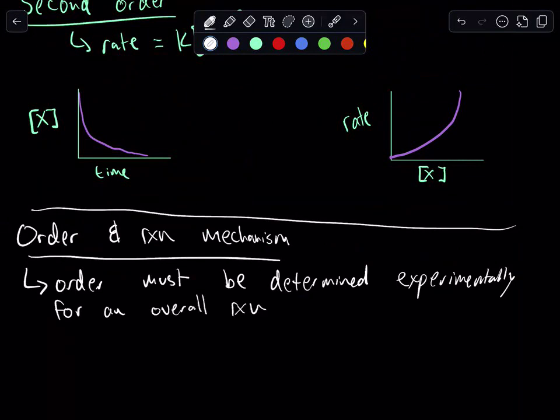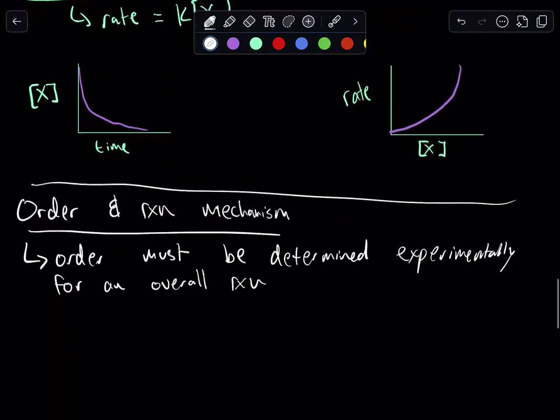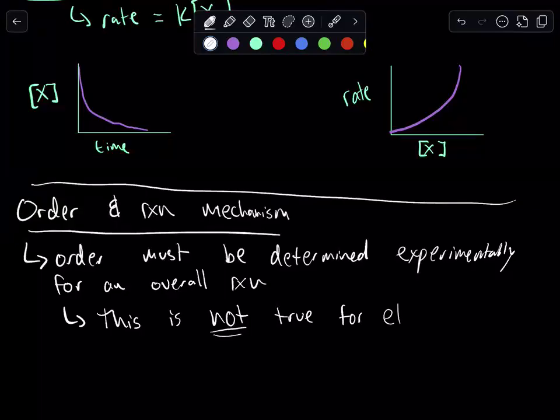We did a little bit of practice in that in lesson 85 as we looked at the change in rate versus the change in the concentration of our reactants. But this is not true for elementary steps.